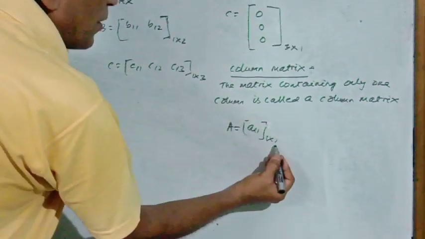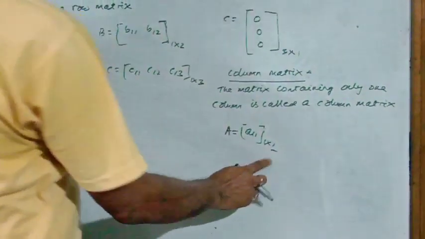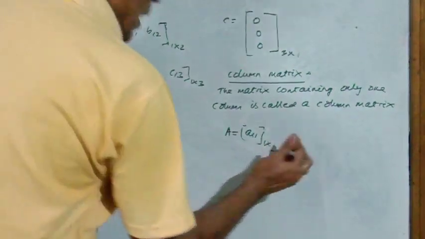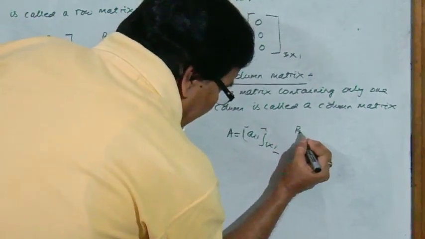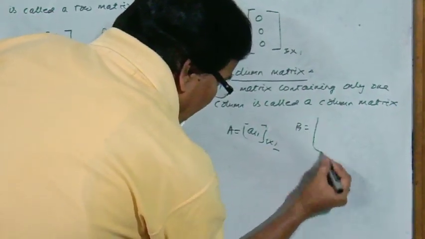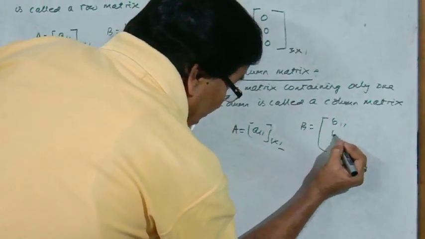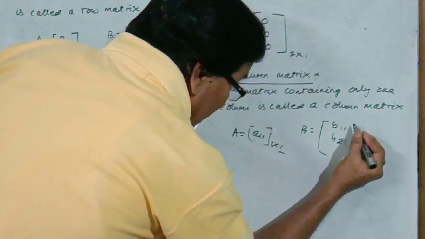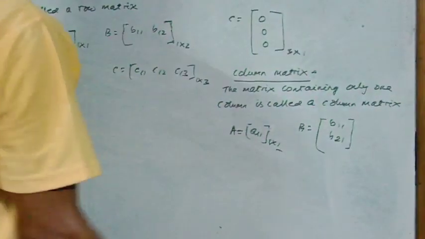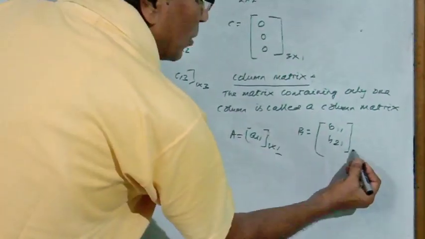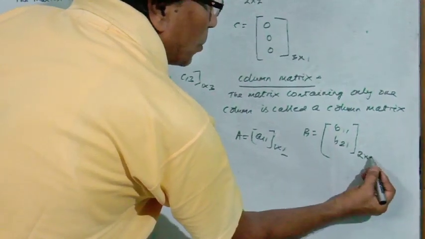It is also a column matrix because it contains only one column. And similarly B matrix, I can say that it is B11, B21. That means 2 rows and 1 column, so it is a matrix of order 2 cross 1.